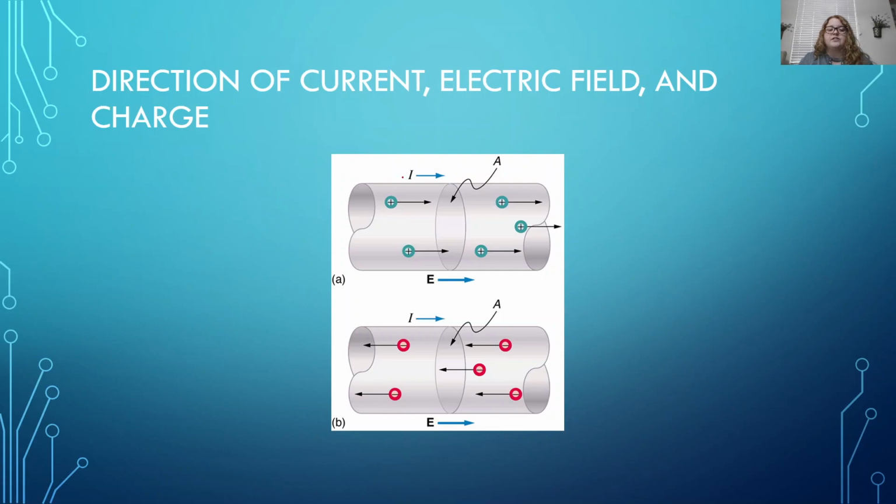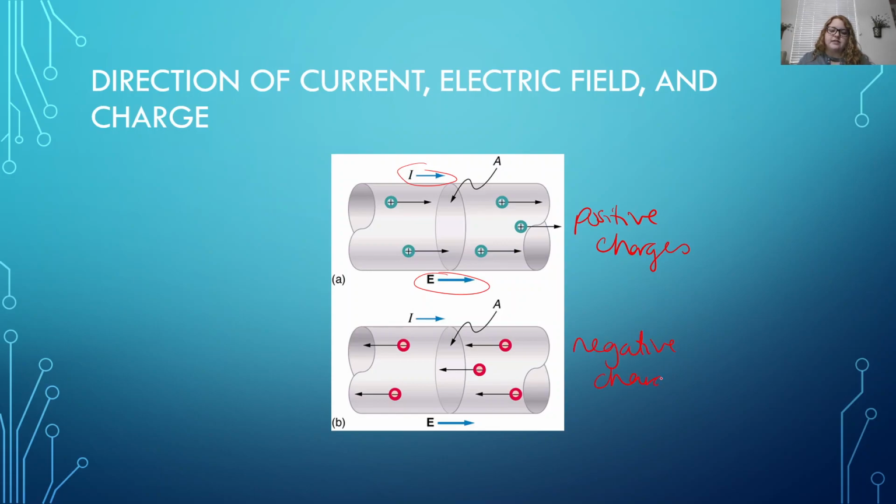So the current is going to be in the same direction as electric fields. So here, when we have positive charges, those positive charges will be in the same direction as the electric field as well. Now we can look at negative charges down here.